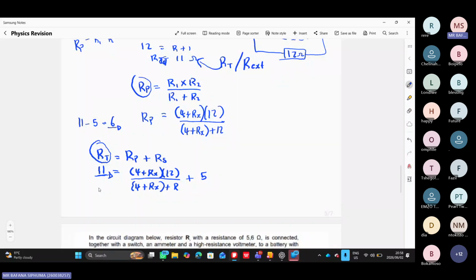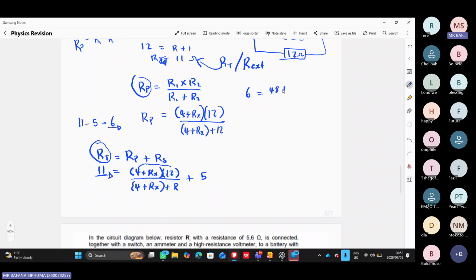Then we found out that our RT or R external, 6, is equal to, now I'm doing the maths, 4 times 12. What is 4 times 12? Someone do the calculator. 48. Yes, sir.